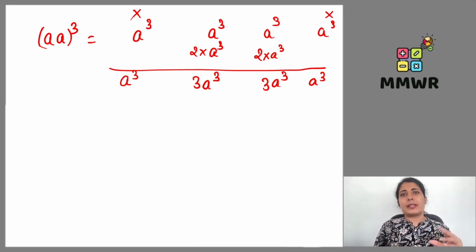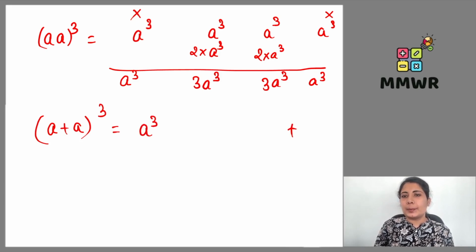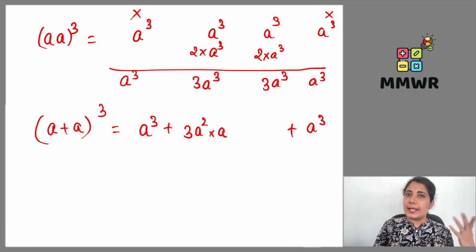This exact same pattern we got from the formula (a plus b) whole cube, which gives us a cube plus b cube at the end. In between we have 3a square multiplied by b, plus 3a multiplied by b square. In place of b we have a only.